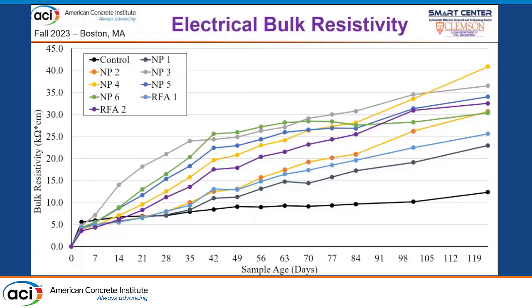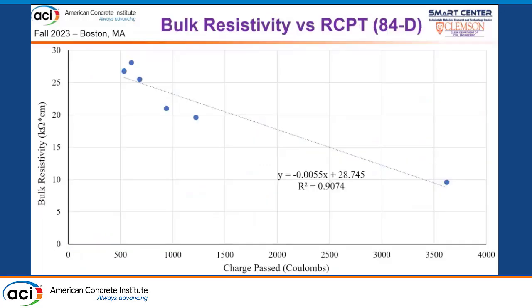But for the rest of the SCM groups, even right now at over 110 days, about 4 months, there is still a very strong tendency to increase, especially the yellow line and MP4.